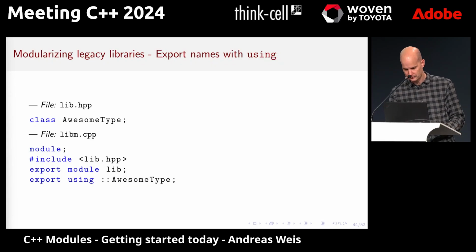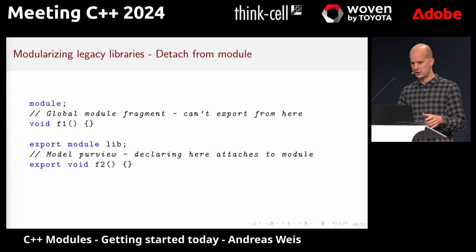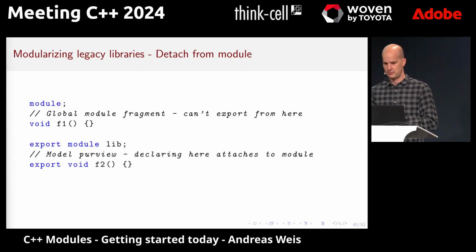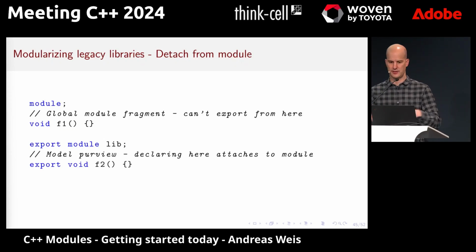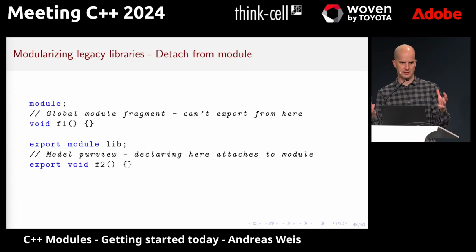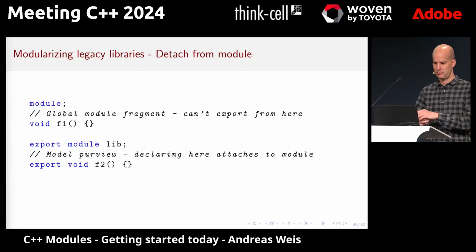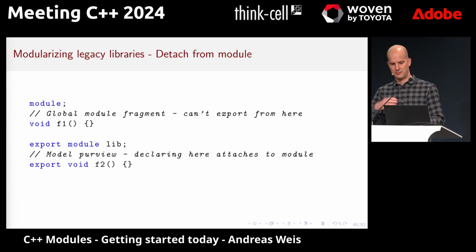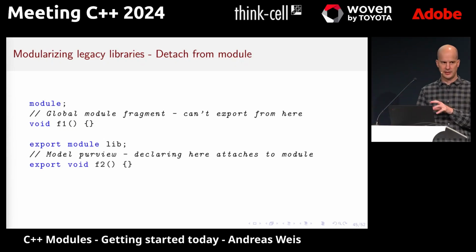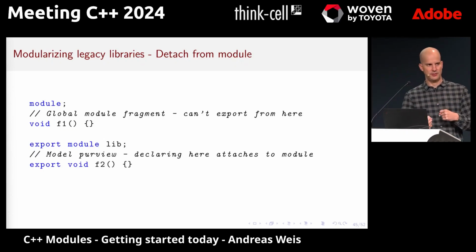Also, a somewhat similar situation. You have a declaration in the global module fragment. This is great because it doesn't get attached to any module, but you can't export from the global module fragment. In the module purview, you can export, but declaring it attaches it to the module. What if you need a mixture of both?